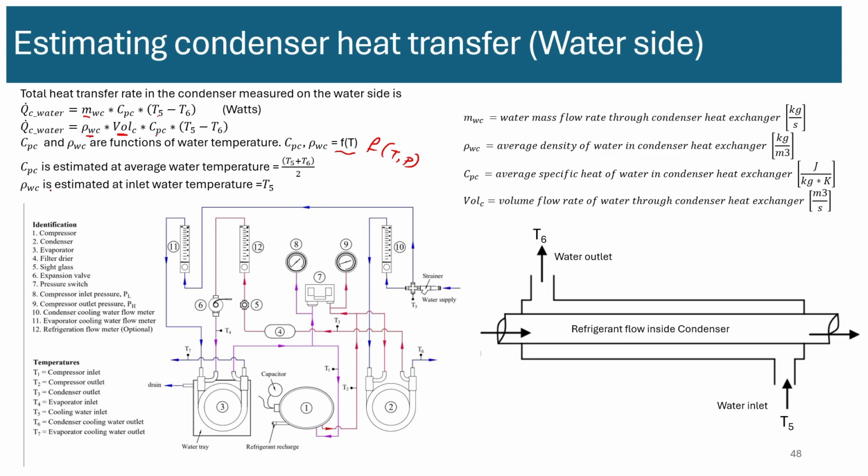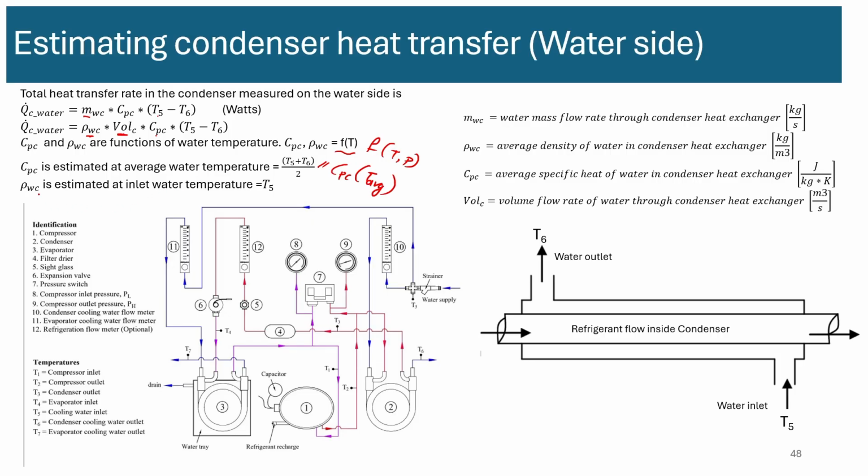The temperature for Cp is the average water temperature. As the water goes through the heat exchanger, its temperature is changing, so Cp is not constant. So you have to take an average Cp, at an average temperature: Cp at T average.